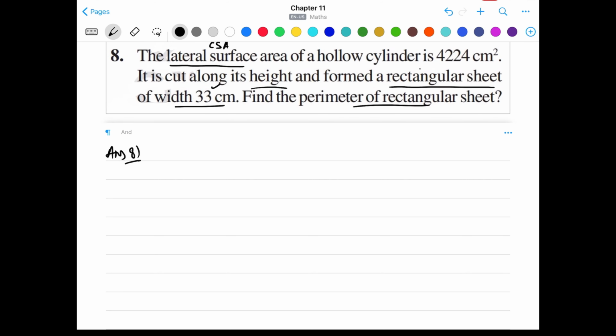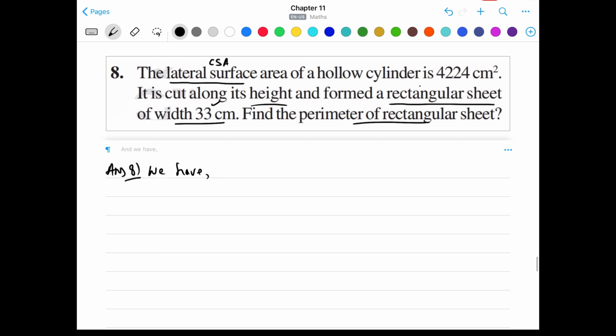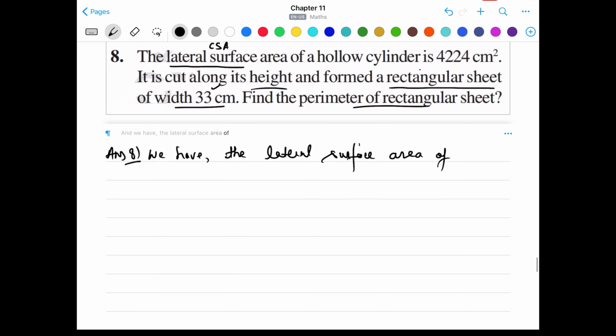So what we are given here is the curved lateral surface area, you can say curved surface area. The lateral surface area of hollow cylinder is equals to 4224 centimeter square.